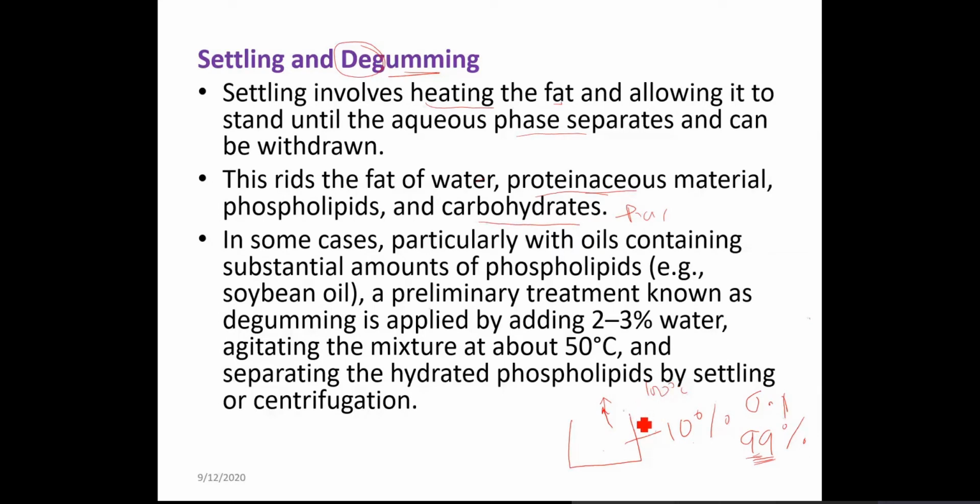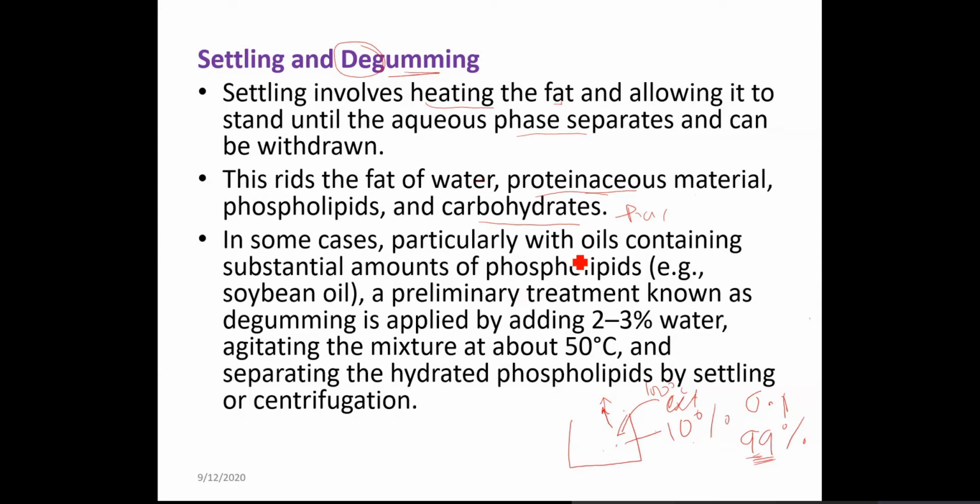Sometimes, to make it more refined, companies also add water externally. When you add external water, these more polar compounds dissolve, and then it becomes easy to remove them.